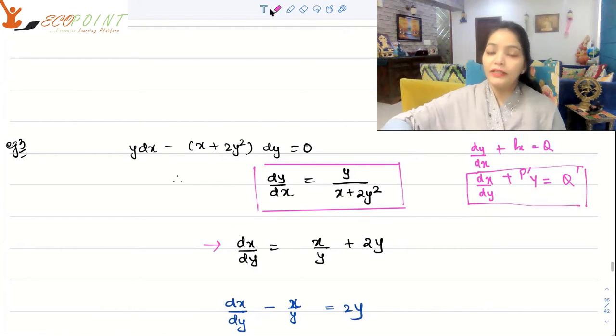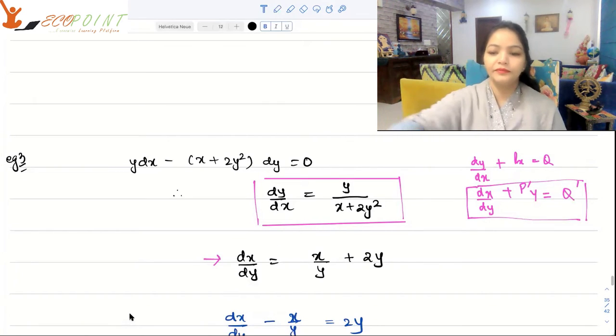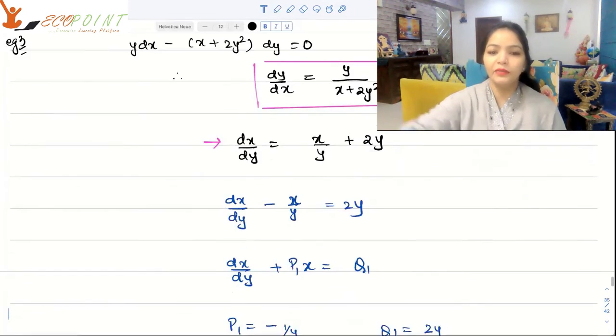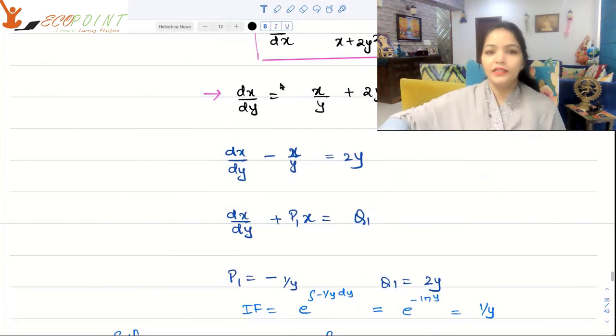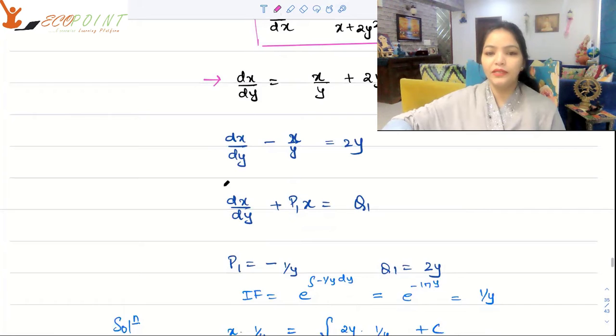Now, the integrating factor will be found in exactly the same way. Since p1 is minus 1 upon y, the integrating factor is e to the power integral of minus 1 upon y dy.